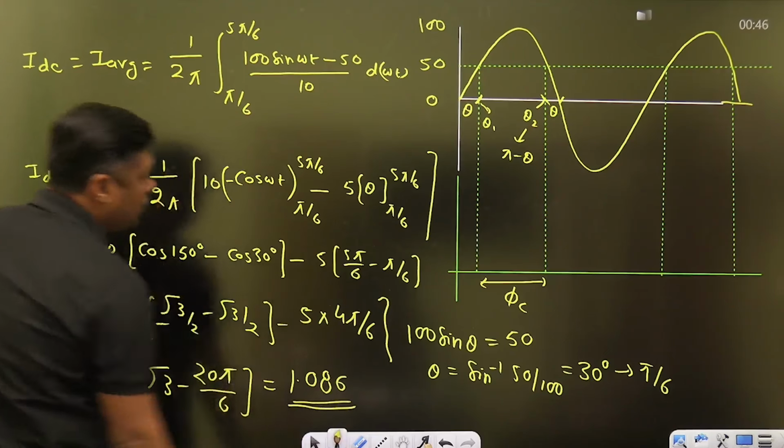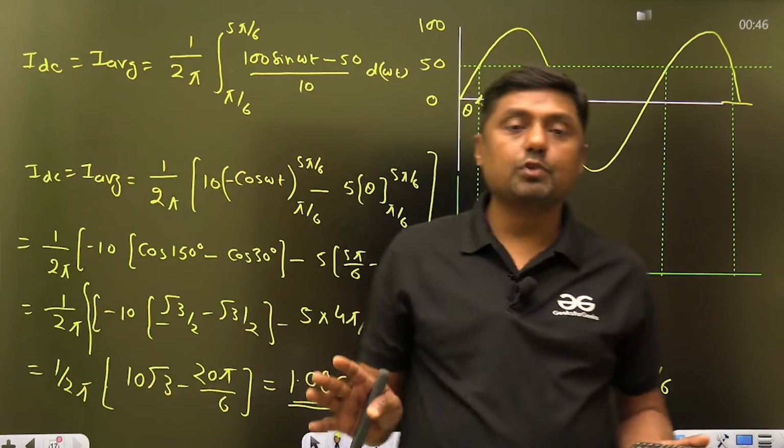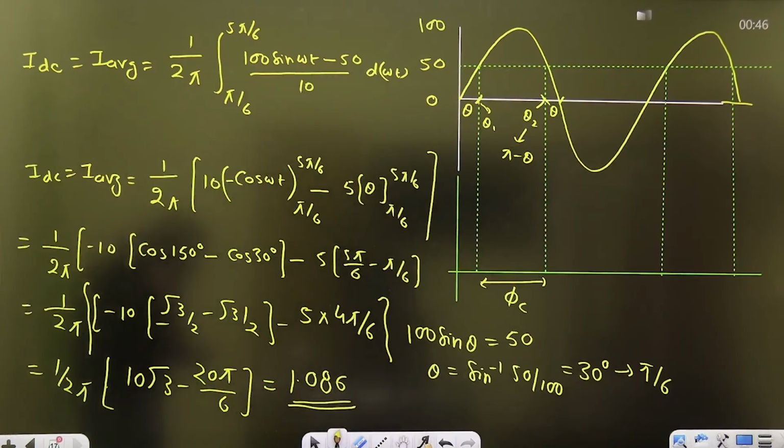This is the average value. Oh, that was a calculation mistake, guys. Very simple. Conceptually it was already correct. So theta, how to find? The answer given in the question is 1.04 to 1.414.